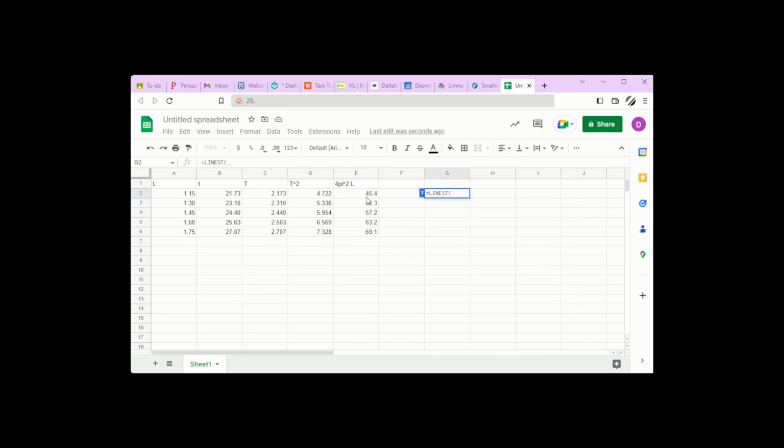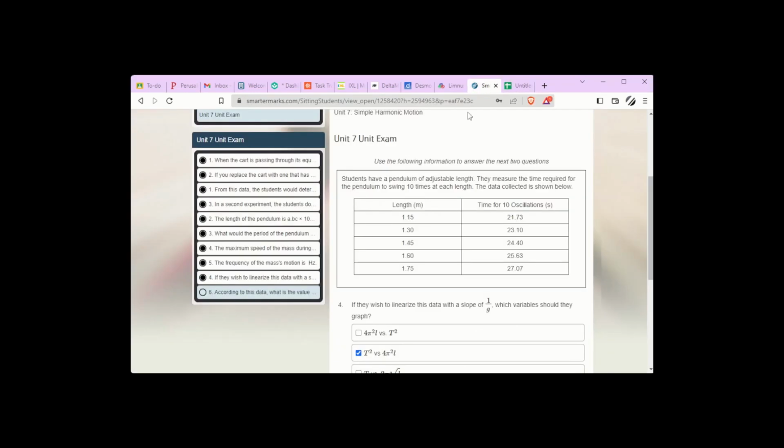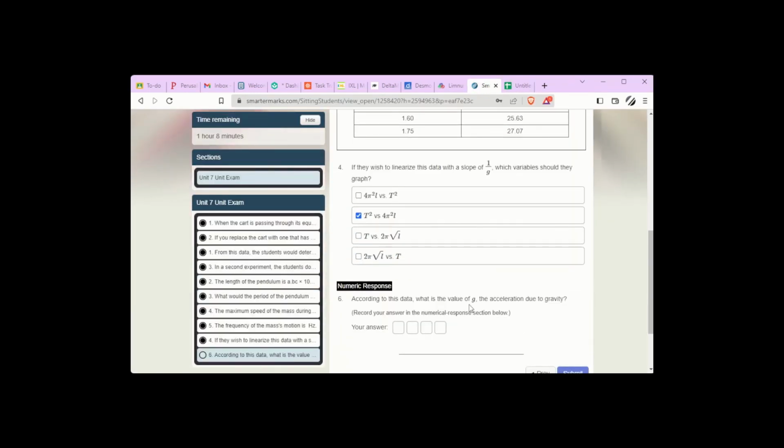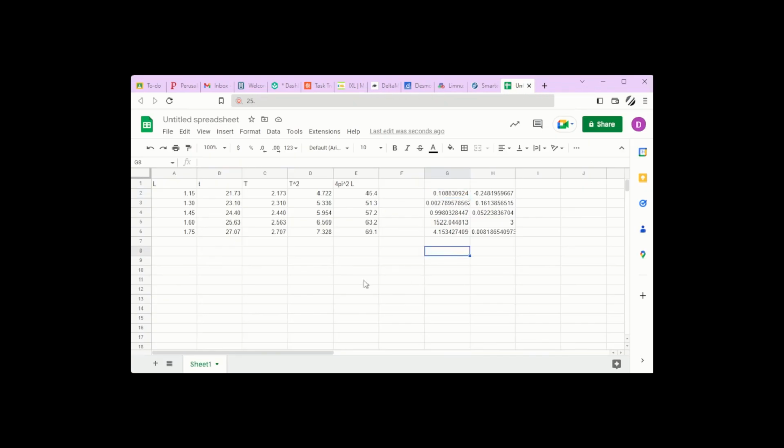So when we do our LINEST, here's our y data, here's our x data. We'll do true, true, just to maintain that habit. Now this number here, some of you are putting this in directly, but we were asked for g in a linearization that makes our slope 1 over g. We have to reciprocate that.